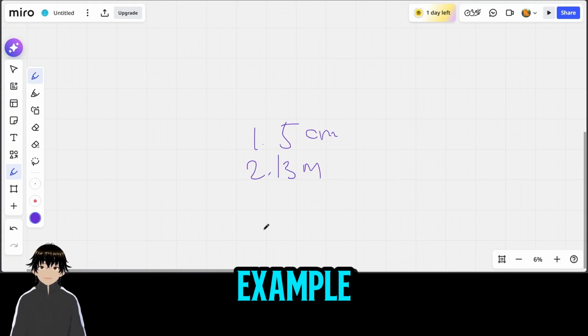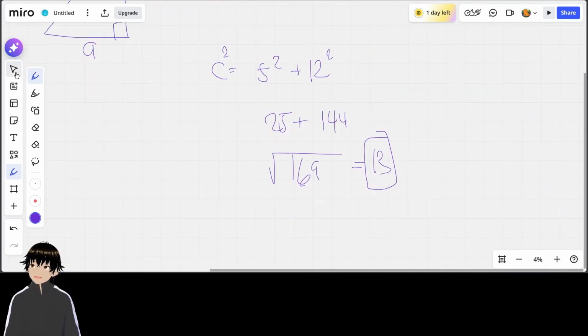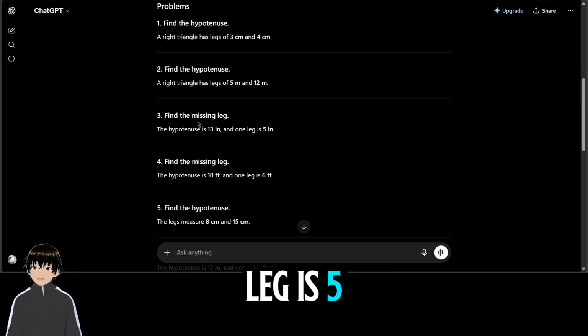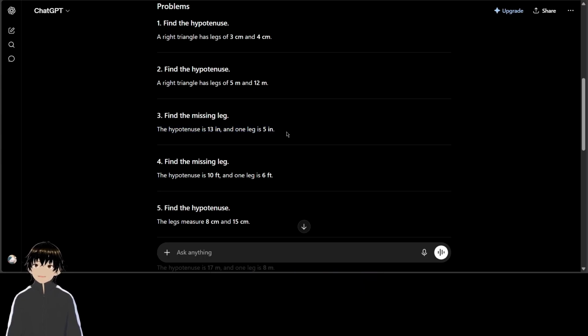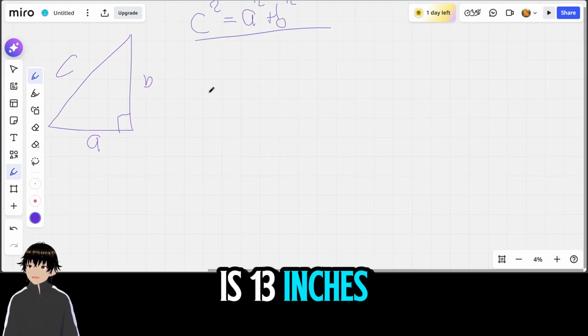Let's do another example. The hypotenuse is 13 inches. One leg is 5 inches. So we have the hypotenuse, which is 13 inches, 13 squared.